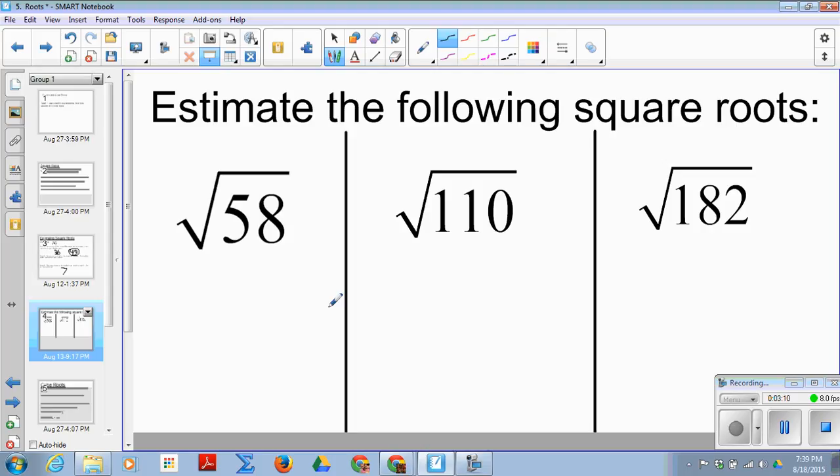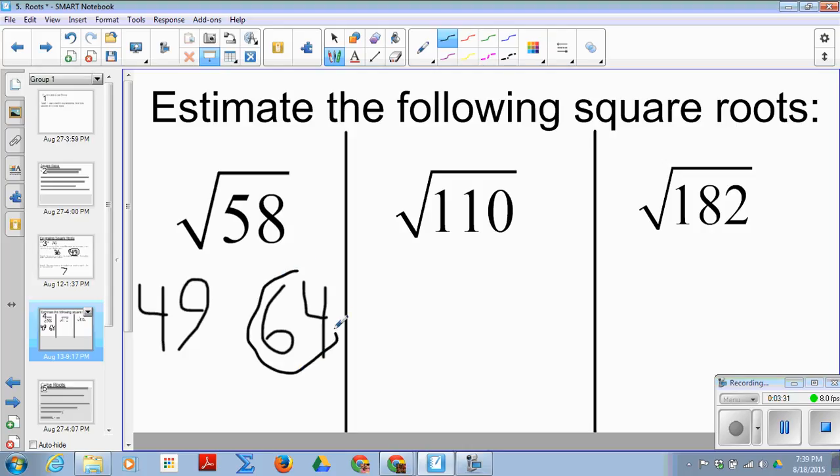So, radical 58 falls between 49 and 64, the two perfect squares it falls between. 58, the number under the radical sign, is closer to 64. And radical 64 is 8. Not the easiest number to draw without a pen, just a mouse, but that's not bad. So 8 would be our final answer.